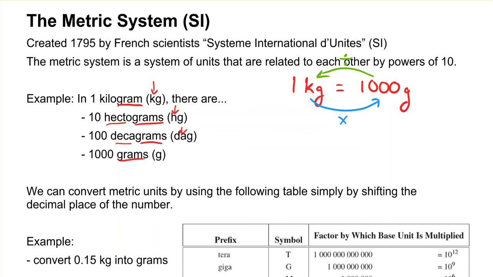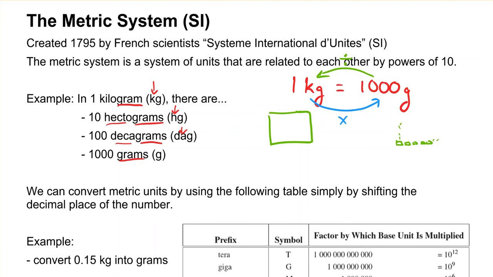And the reason why is because inside 1 kilogram, there are 1,000 grams. So 1 kilogram is like a giant unit of mass. 1 gram is a little teeny tiny amount of mass. And so it takes many, many small things to add up to be a big thing, right?